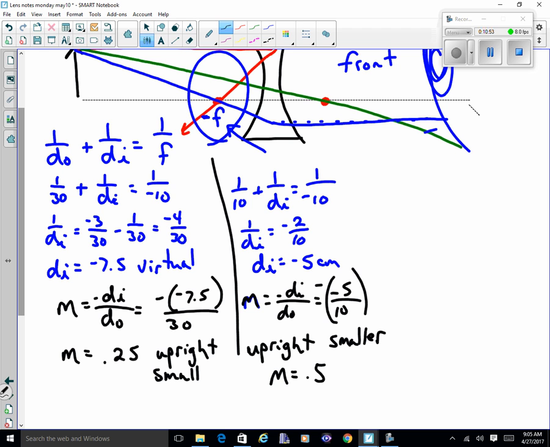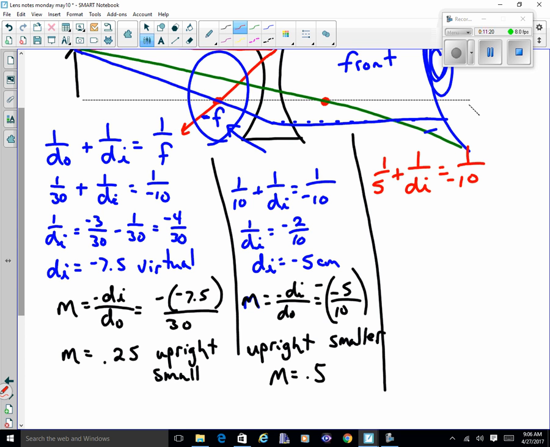Finally, you're going to move it up to where the object is only 5 centimeters away. So I'm going to have 1 over 5 plus my image distance equals focal length of 1 over 10. Remember, it's a negative 10 because the focal length is in the back. So I flip-flop it around.